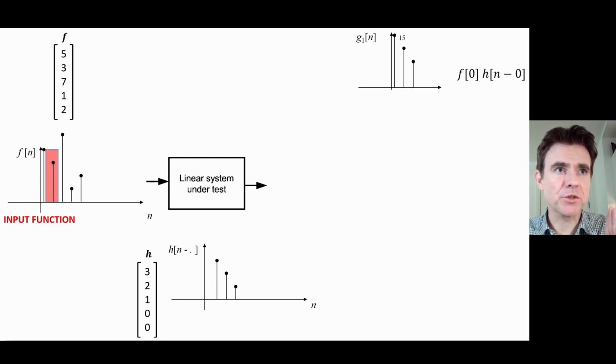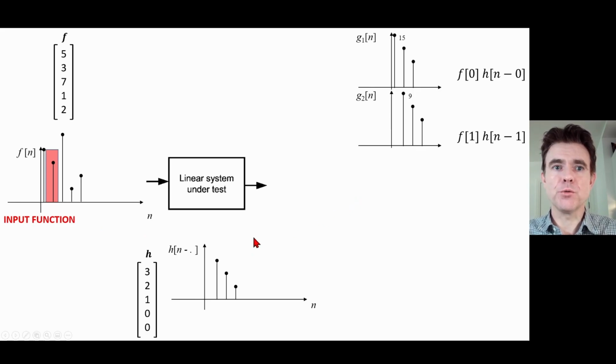Right, let's go to the next impulse, the next sample in our input function f. This is now located at n equal to 1. We've got a value of 3, so we take a value of 3 and multiply it by the entirety of that impulse response function, but it's now shifted, so I should have a 1 here. I'll show that in a moment. So we're taking h of n, the impulse response function, shifting it to the right by 1. We're shifting it to the right by 1 because we're considering an impulse that is shifted to the right relative to the origin by 1.